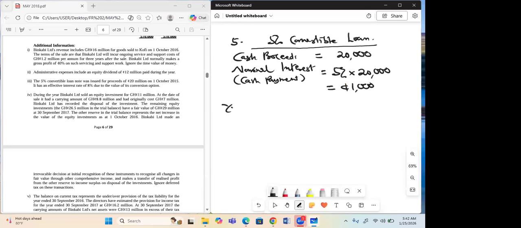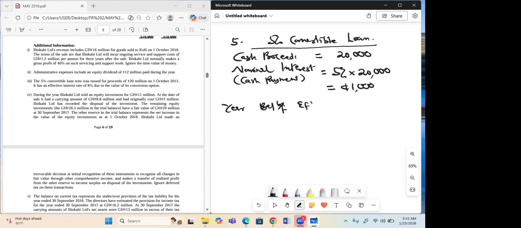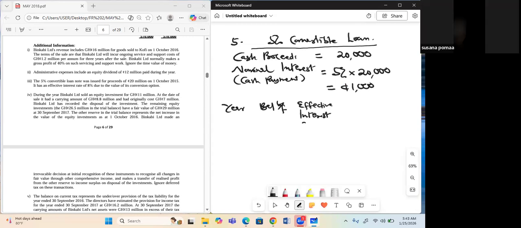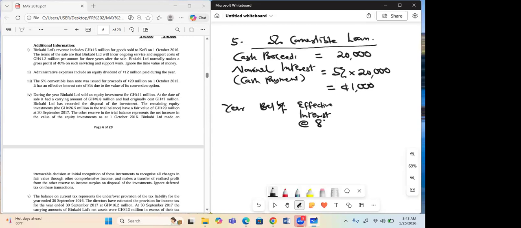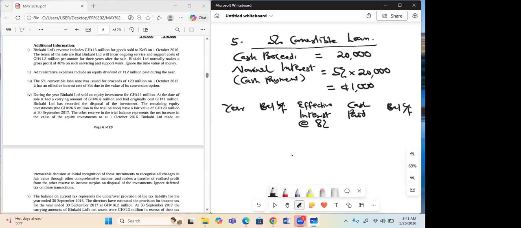Yes, sir. We'll now measure amortized cost. We'll take the year, the opening balance, then the effective interest at 8%, the balance carried down, the cash paid, and I will take the closing balance.